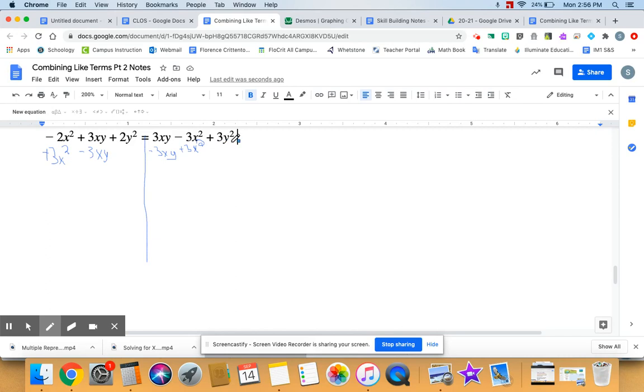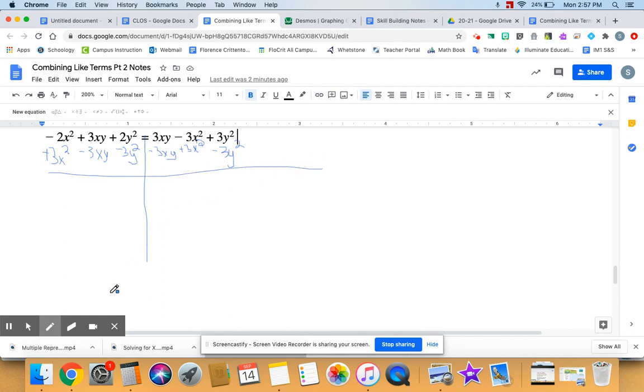Then if I have plus 3y squareds and I want to cancel or eliminate it, how am I going to get rid of adding 3? I'm going to subtract the 3y squareds away. And which term am I going to subtract it from over here on the left? The 2y squareds, because I have to keep my y squareds together. So then I'm going to minus the 3y squareds from the other side over.